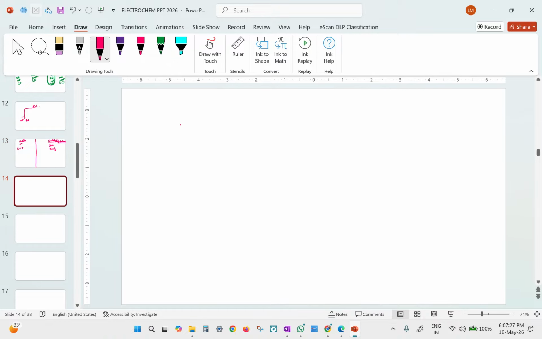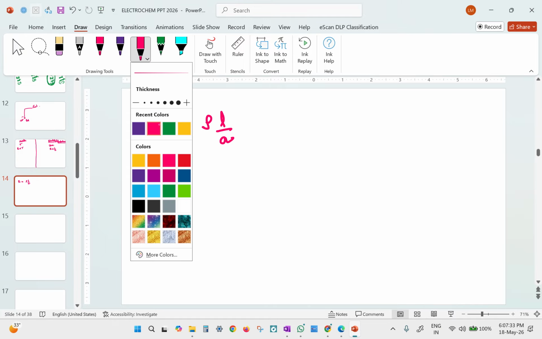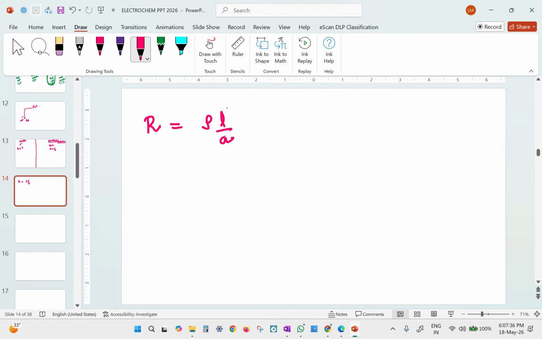As in the case of metals, the expression is the same: R is equal to rho L upon A. Last class we were writing the units for all that. If R is represented in ohms, L in centimeters, because I told you the cell which we are going to use for storing the solution and carrying out the experiment is not very large, so we take the dimensions of length in centimeter itself.